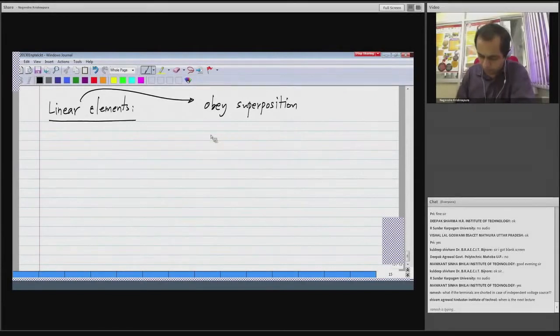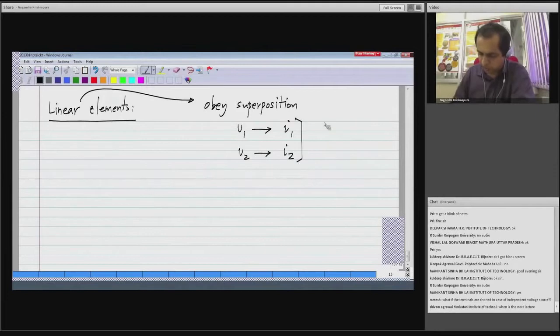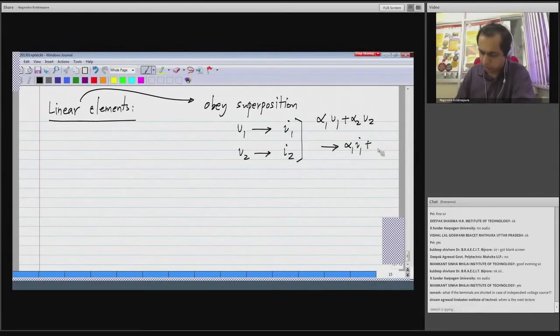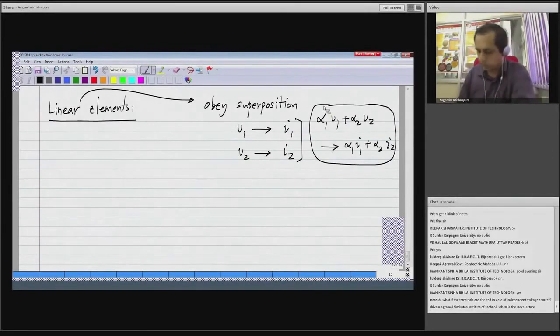So, if V1 gives you a current I1, and V2 gives you a current I2, then what superposition says is that alpha 1 V1 plus alpha 2 V2 will give you a current alpha 1 I1 plus alpha 2 I2. This is what is meant by superposition, and this has to be true if the element has to be linear, and also if this is true, the element is definitely linear.